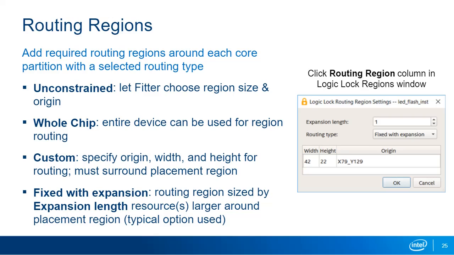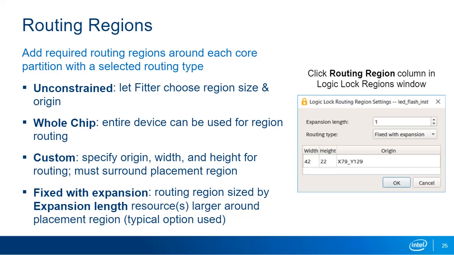The Fixed with Expansion option automatically creates a routing region located around the placement region and extended beyond the placement region by the amount specified in the expansion length option. With a placement region that's sized as 40 by 20, the routing region shown in the example here represents a routing region with a fixed expansion of 1. Use of this type is recommended.